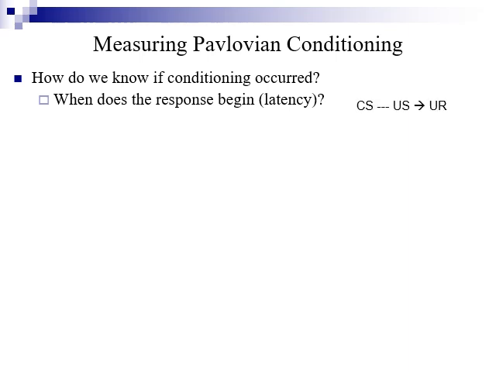So using the formula here on the side, we see that we have the CS turn on, the CS turns off. There's a little bit of time represented by the dash, dash, dash, and then the US is presented, and it elicits an unconditioned response.